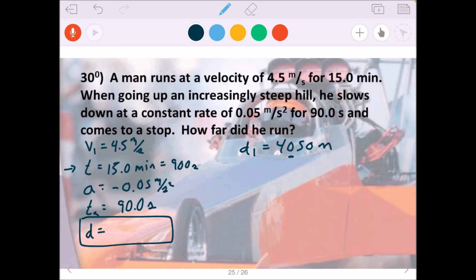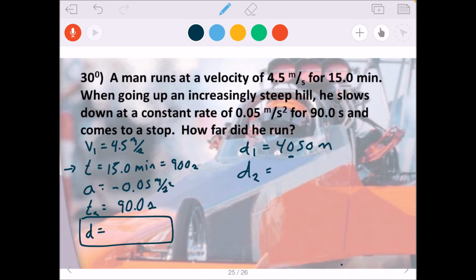He slows down at a constant rate of 0.05 meters per second squared for 90 seconds and comes to a stop. How far did he run? So I'm going to call this D2. That is equal to D1, which we'll just leave as the 4,050, plus my initial velocity times time.